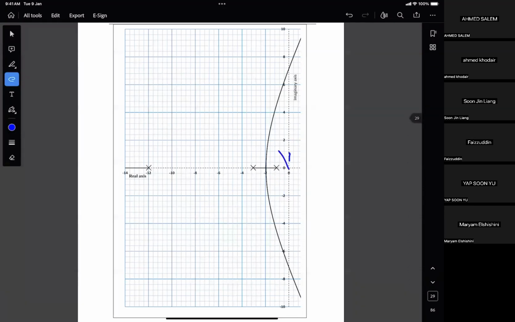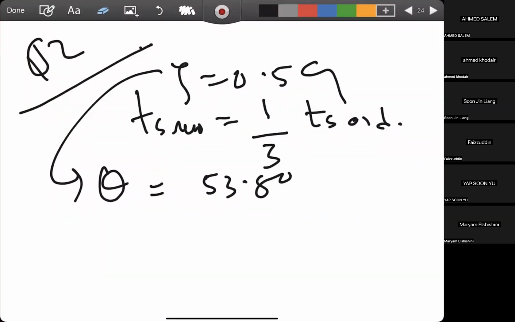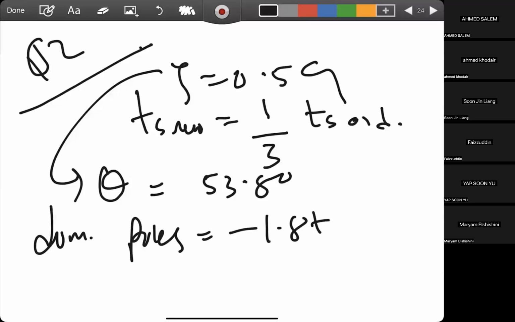We draw the line. And this is the dominant pole. So the dominant poles will be minus 1.8 plus j2.2.